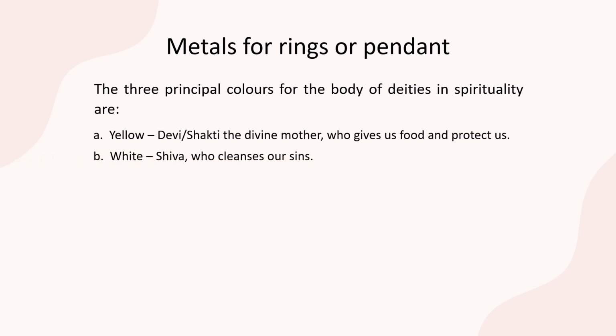Second is white, which is of Shiva, who cleanses our sins, who is the destroyer. The third is blue, which represents Vishnu, who emancipates you, who nurtures you, the nurturer.